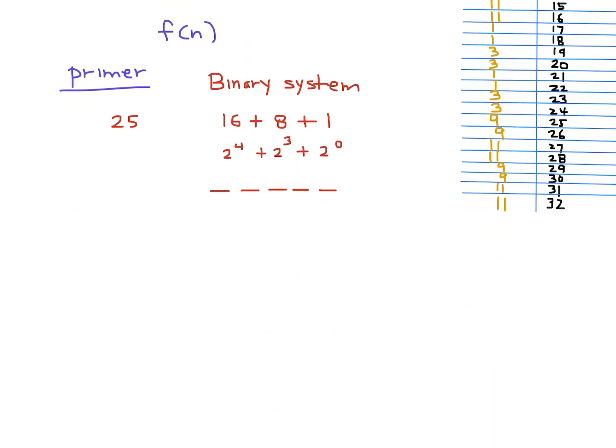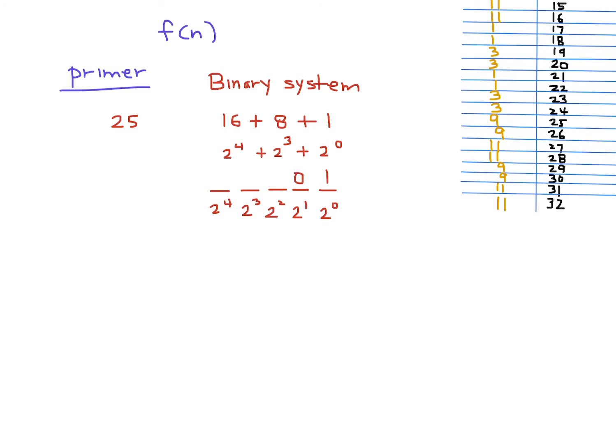Let me explain that. This first number in this line represents 2 to the power of 0. This one represents 2 to the power of 1, 2 to the power of 2, 2 to the power of 3, and so on. If I have a certain power of 2, I put a 1. If I don't, I put a 0.